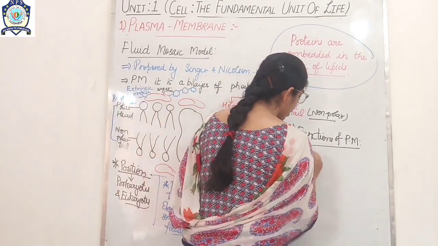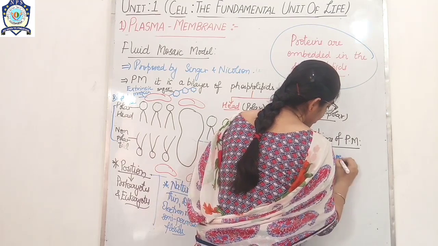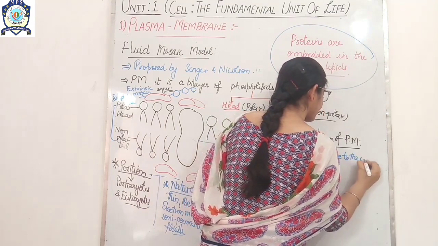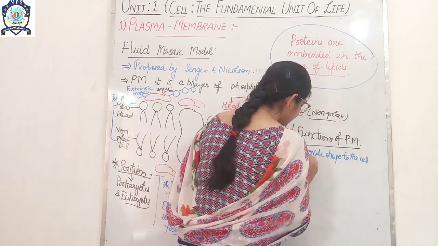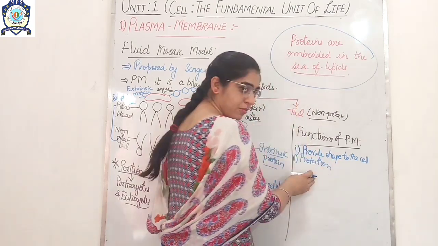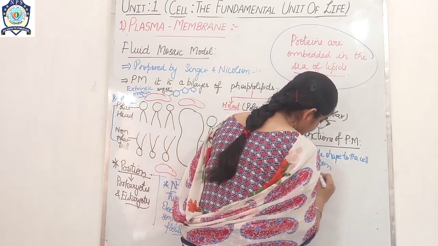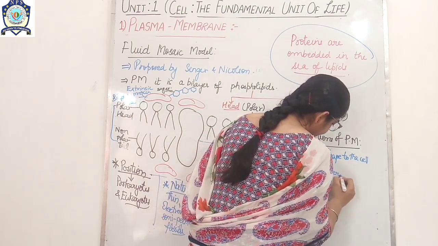First function is provide shape to the cell. Second one, protection, protect it from damage. Third one, joins different cells.